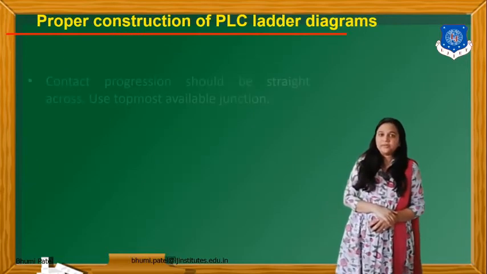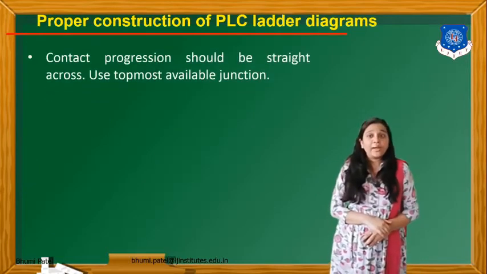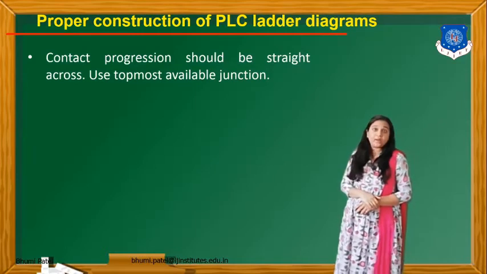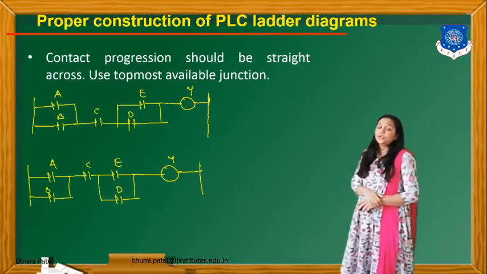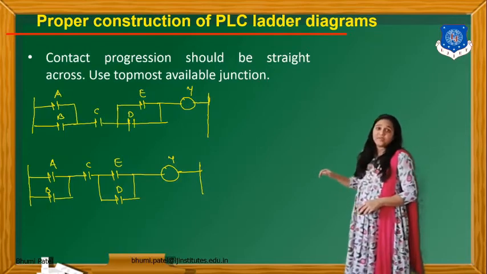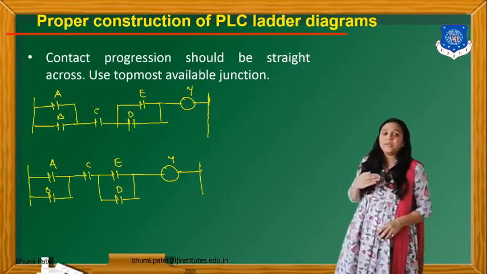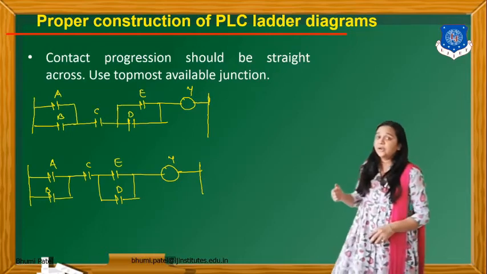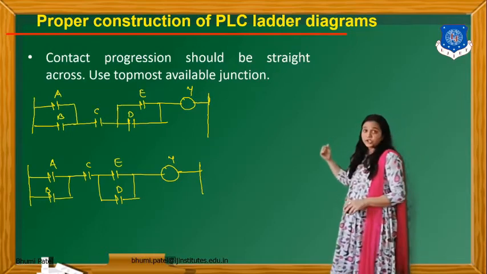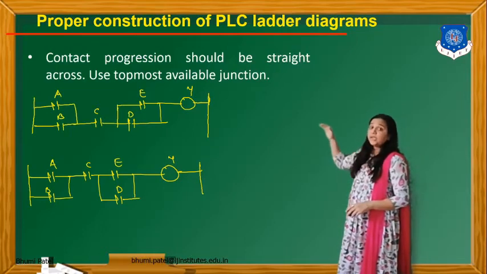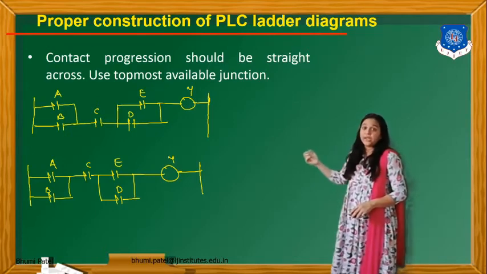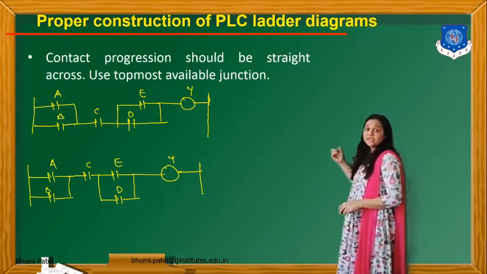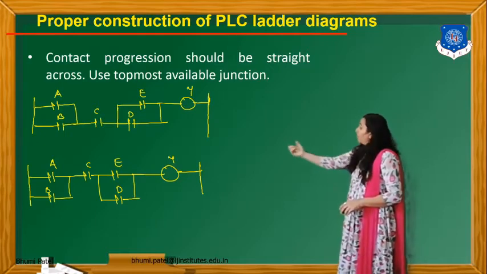The next rule is that contact progression should be straight across. Use the topmost available junction. Here again two ladder diagrams are given. Whenever we deal with PLC programming, rung number 1 always starts from the first input. So we cannot connect A and B like this, and C, then D and E. Rung number 1 means we start from rung number 1 to the Y output.